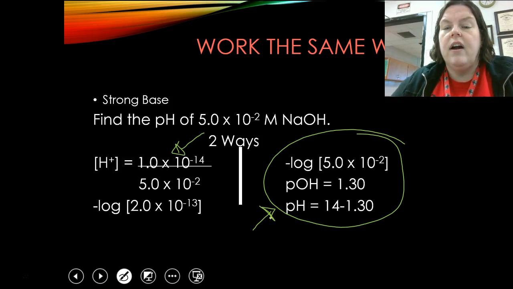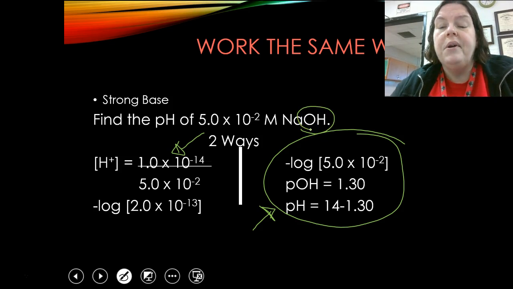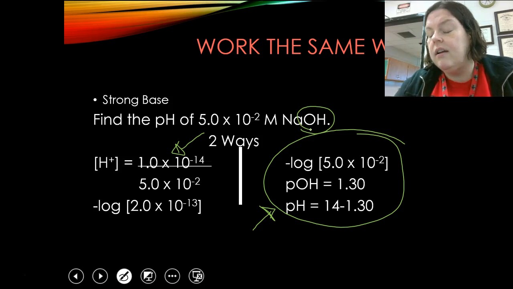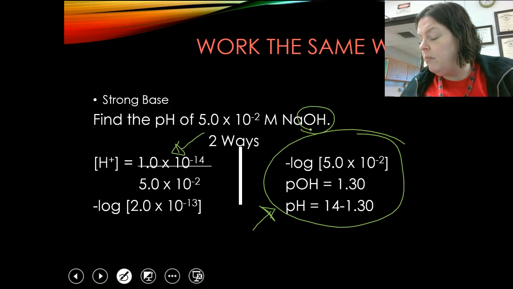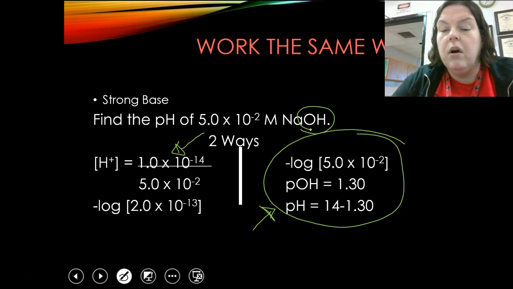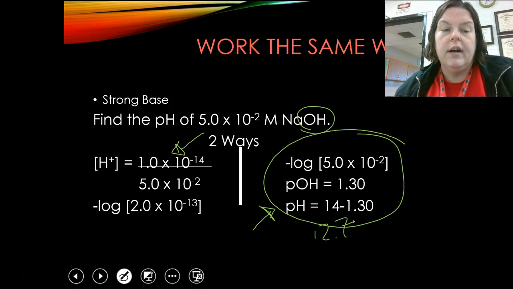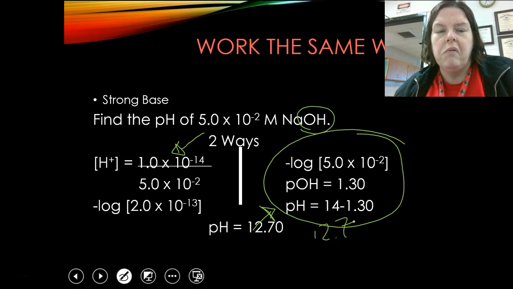So I find the pOH by taking the negative log of the concentration of the OH, because it's a 1-to-1 situation here. And I find that that's 1.3. I take 14 minus 1.3, and I get 12.7. So that's my pH. That's the way that I like to do it best.